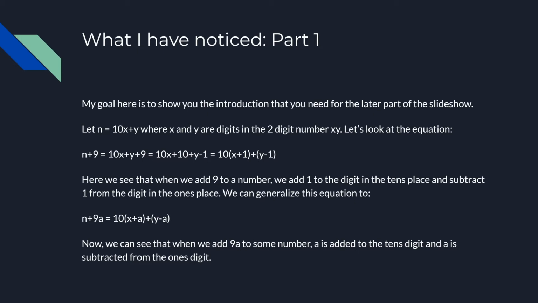Here you see that when we add 9 to a number, we add 1 to the digit in the tens place and subtract 1 from the digit in the ones place. We can generalize this equation to n plus 9a equals 10 times x plus a, plus y minus a. Now we can see that when we add 9a to some number, a is added to the tens digit, and a is subtracted from the ones digit.